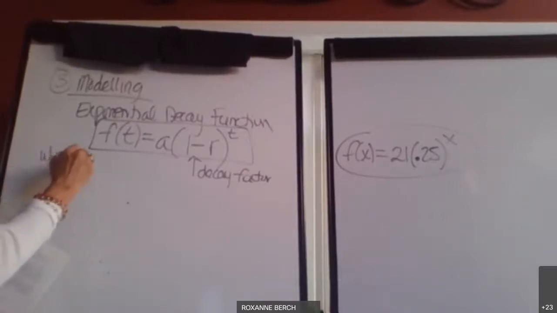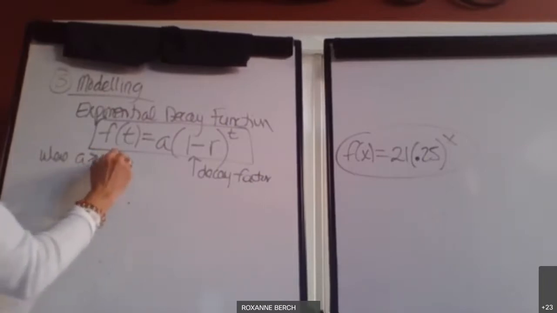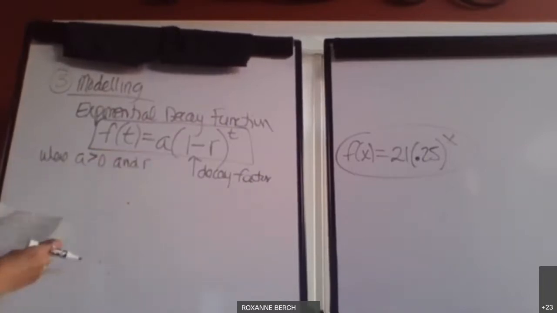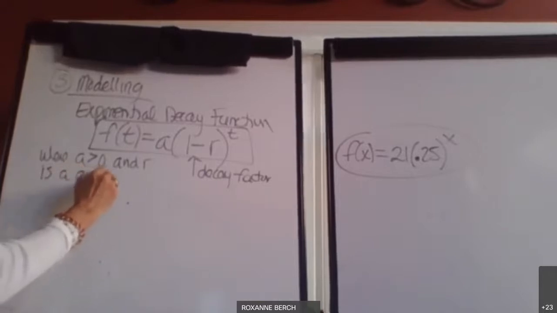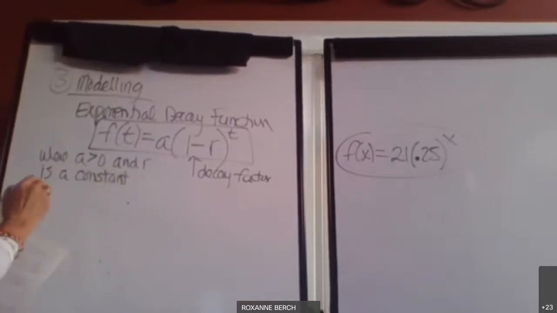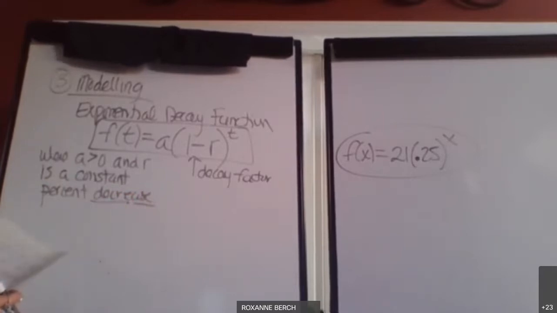This is where a is greater than 0 and r is a constant percent decrease. It's a constant percent decrease for each unit of increase in time.